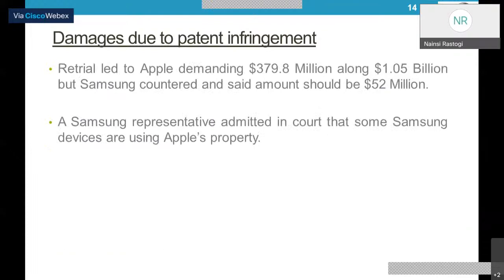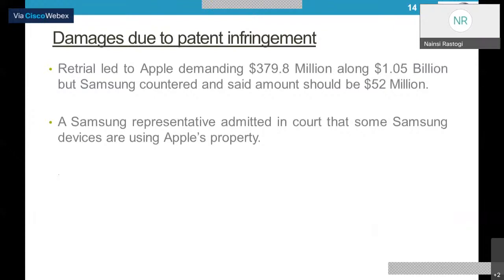The Samsung representative admitted in court that some Samsung devices are using Apple's IP, Apple's patent and design, and Samsung countered that the amount should be $52 million instead of the almost $2 billion Apple demanded.